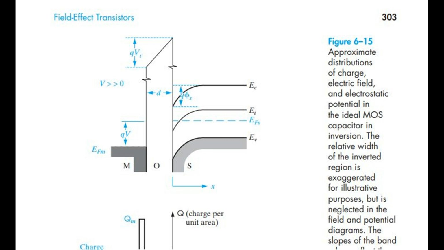The relative width of the inverted region is exaggerated for illustrative purposes, but is neglected in the field and potential diagrams. The slopes of the band edges reflect the electric fields in the gate dielectric and the semiconductor channel. The product of the perpendicular electric field and dielectric constant, known as displacement, is continuous across the dielectric-semiconductor interface, if there are no charges at the interface, according to Maxwell's boundary conditions.